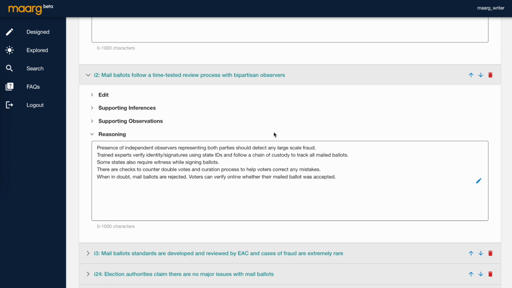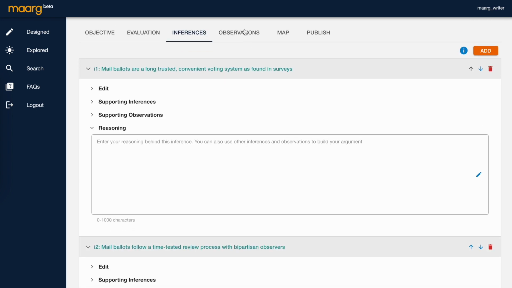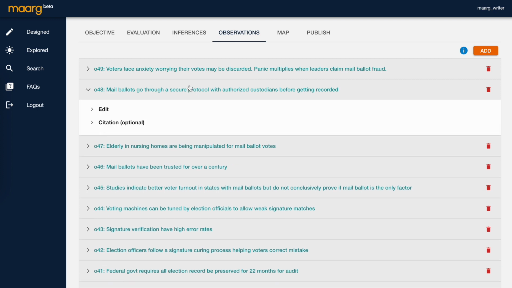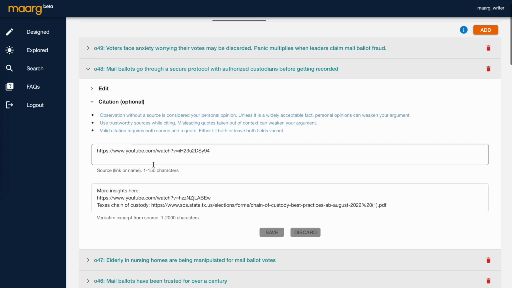Now, each inference has a logical reasoning applied to a set of observations that justify every line written in the reasoning. The observation should ideally be backed by trustworthy sources that your readers cannot dispute. So over here, you can see I have included a YouTube link.